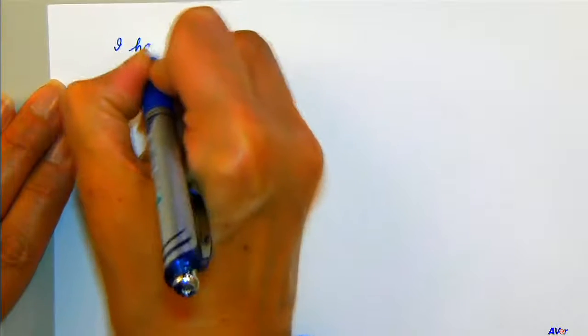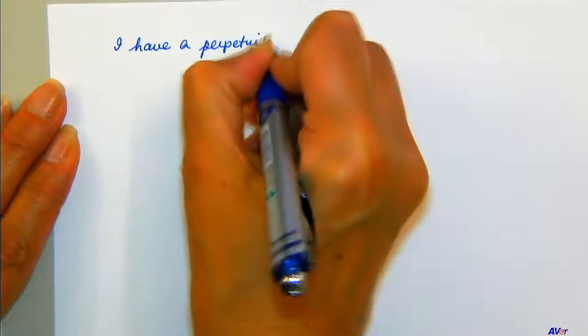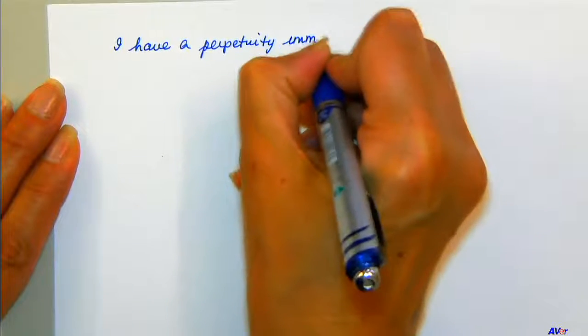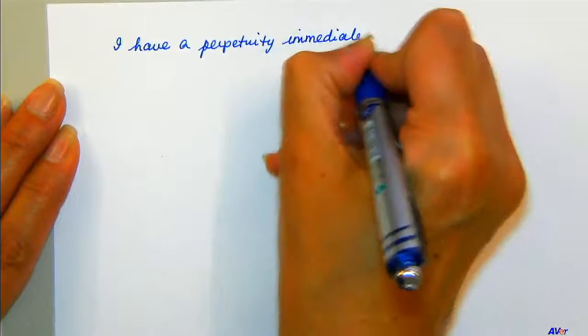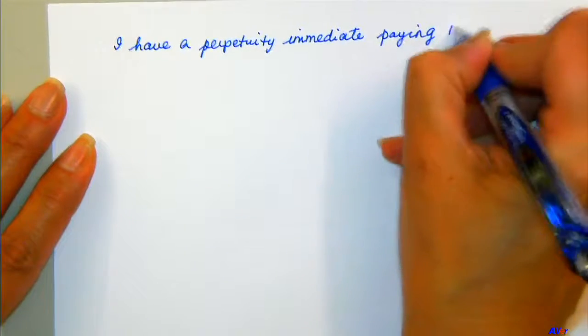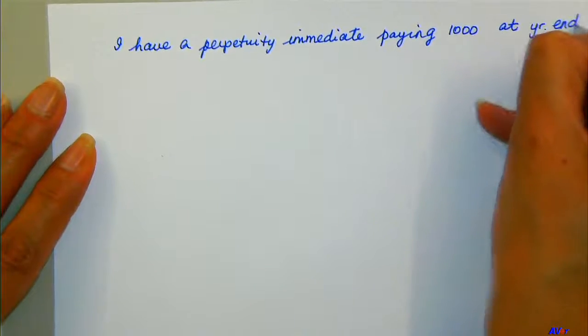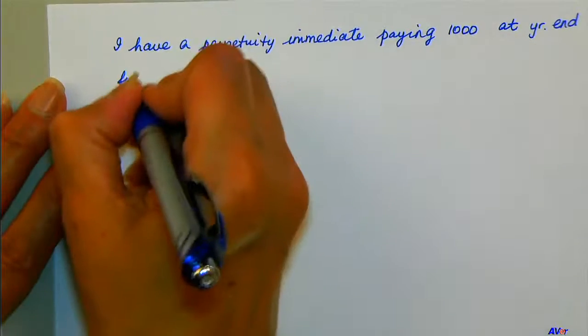Okay, so take down these problems. I have a perpetuity immediate paying 1,000 at year end for 11 years.